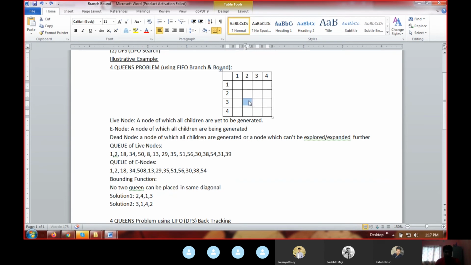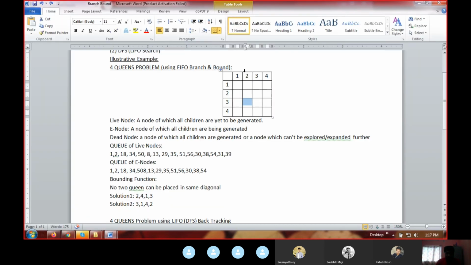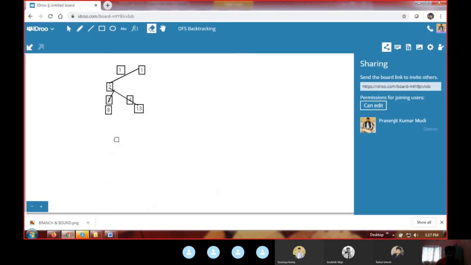So this node is discarded or deleted. Similarly, 1 3 4 is also not possible, because 3 and 4 are diagonal. So node 8 can't be expanded.